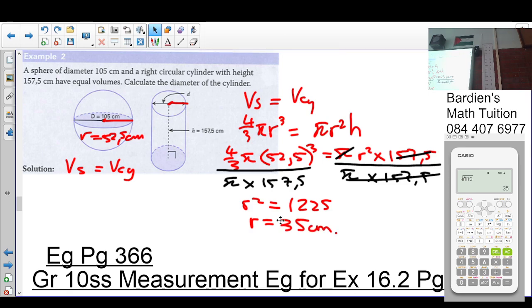Alright, you guys understand? Is that correct? They wanted the diameter, yes, absolutely. So therefore, the diameter is going to be twice 35, which gives you 70 centimeters.